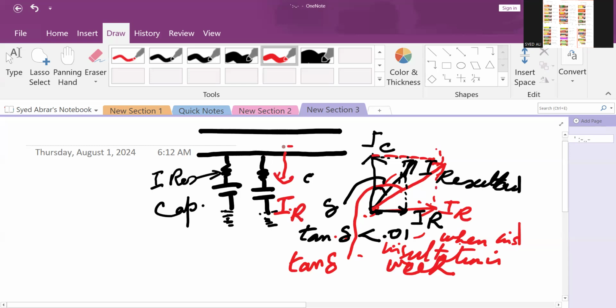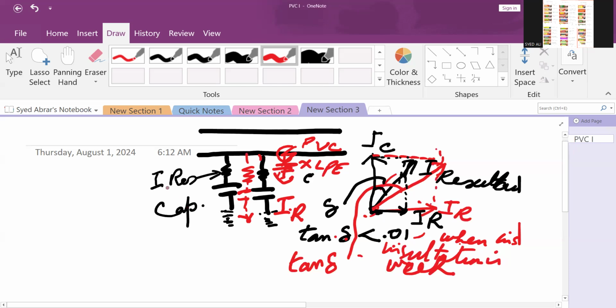When this current increases, it means there is some kind of a fault or weakness in the insulation. This is the PVC or XLPE covering of the cable. So if this IR increases through this path, through the resistance, it will mean that there is some weakness in the insulation.